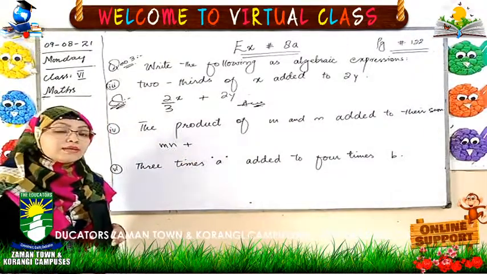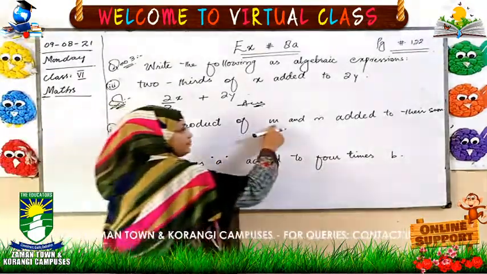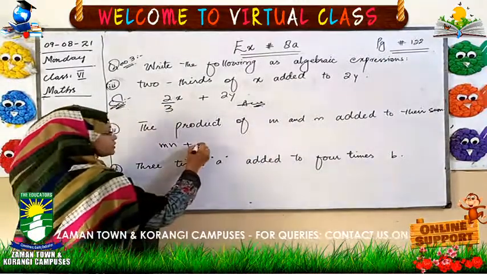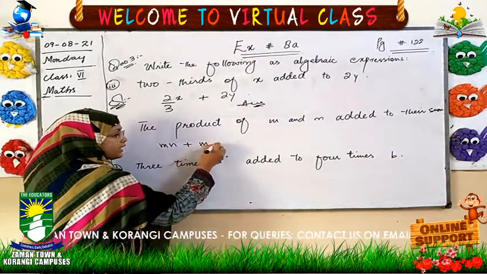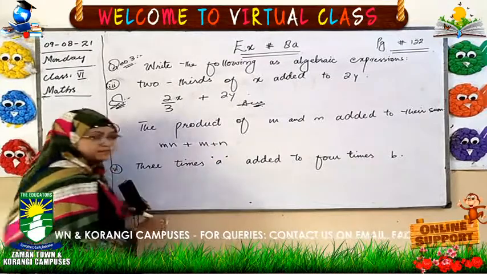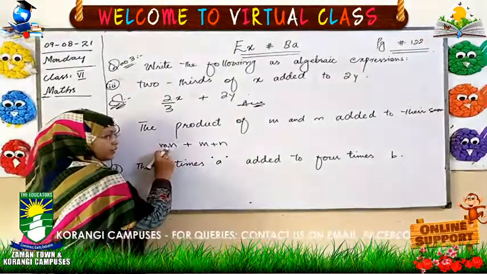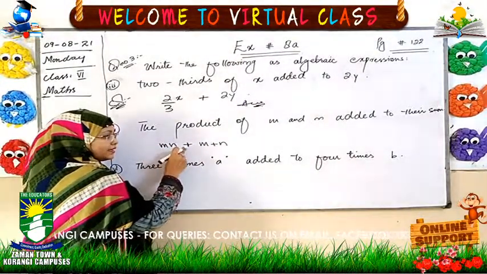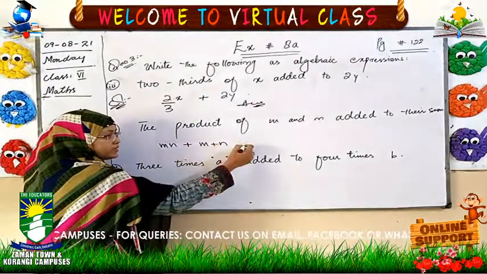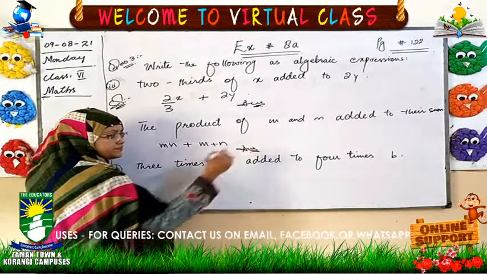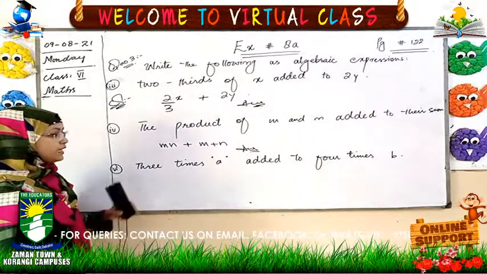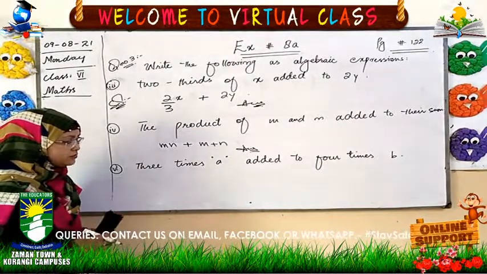Whose sum? M and n. So we will write down the sum. What do we write down for sum? M plus n. The product of m and n added to their sum. It will be your answer. Clear?